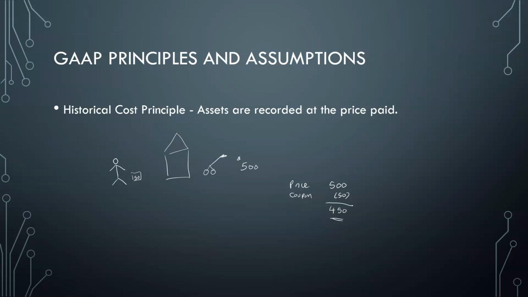That is what the company paid to buy that land. It does not mean that is the market value or current value of that land. It's just what they paid to buy it. So once we record the asset in the books of accounting, we do not adjust the value to reflect market value. It is kept at the price recorded. That is the historical cost principle.